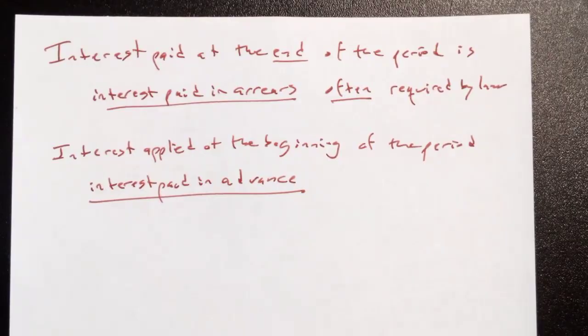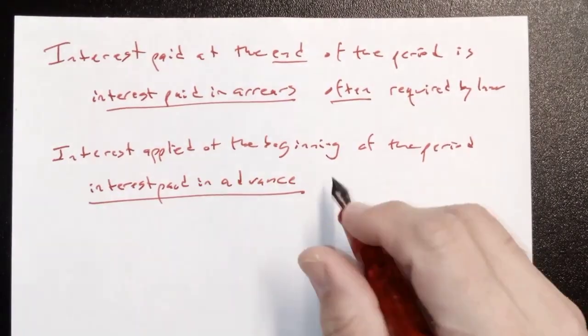You gave me your money. I'm going to give you more at the end. Or you borrowed money from me and you're going to give me more at the end. That's what interest is. This is going to change the way I do my rates.